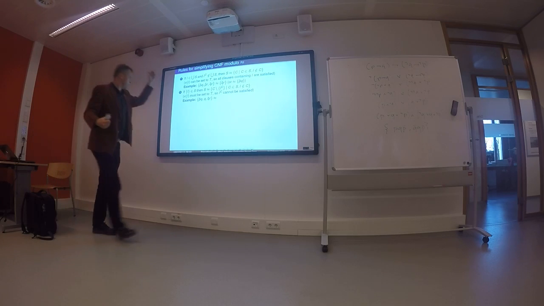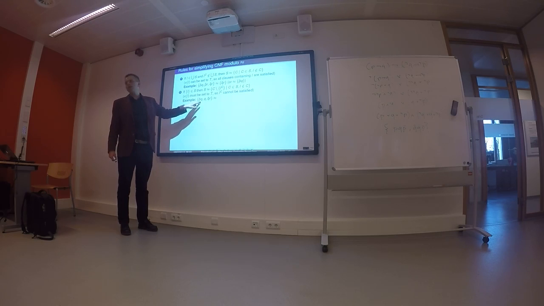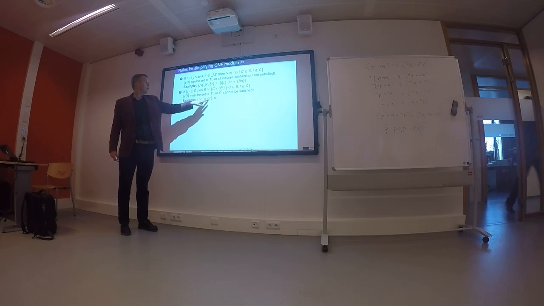Here is an example. Here I have a singleton set, Q. Yeah, in order to satisfy the whole clausal form, I must set Q to true. Well, great. That means that this clause over here will already be true. Moreover, in this clause over here, Q bar will be false because Q is true. So from this clause, I can remove Q bar.